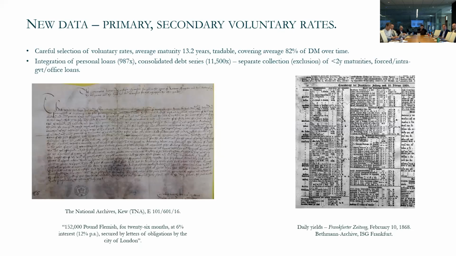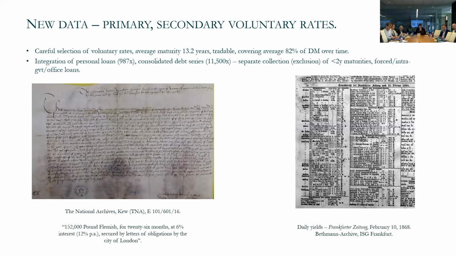On the right-hand side, we talk about this in the paper, the existing JST dataset in large parts actually relies on Homer and Sylla. They don't collect new data from archives either. Here is an example from the 19th century from an archive in Frankfurt, where a lot of the merchant banks in Europe were based prior to World War I. This is from daily sovereign yield records that the business paper in Frankfurt published at the stock exchange every morning.